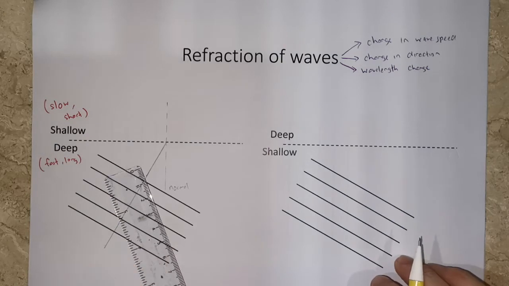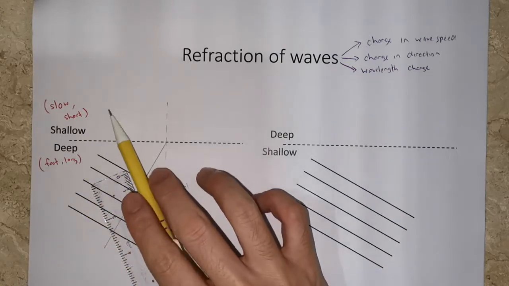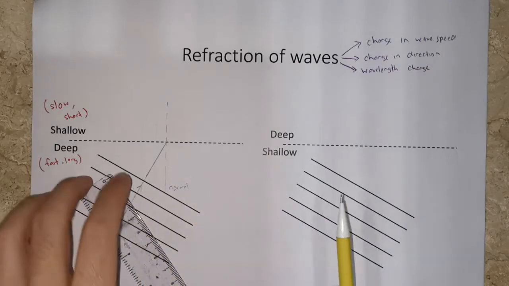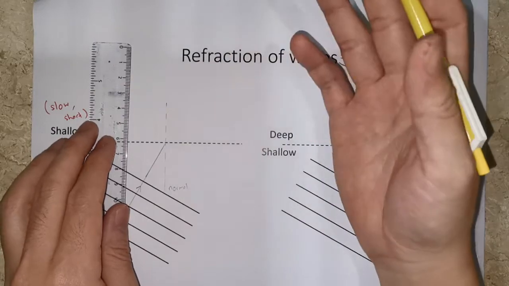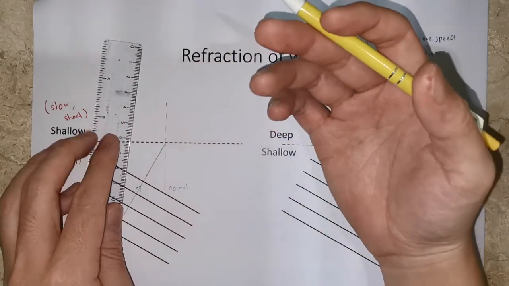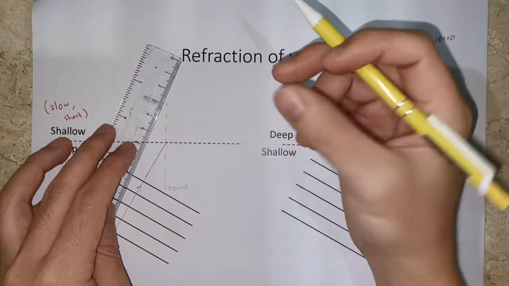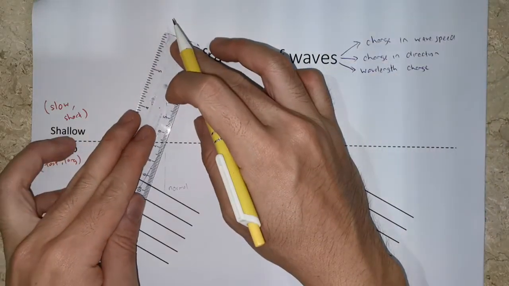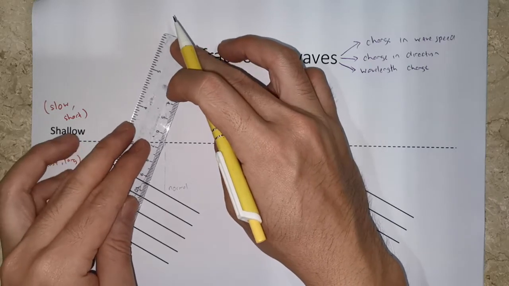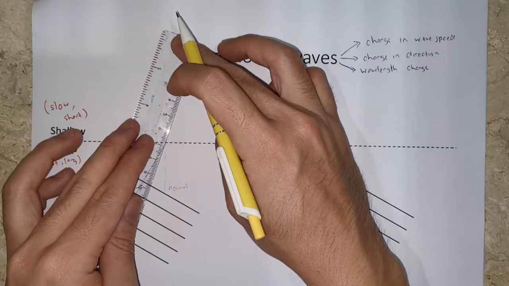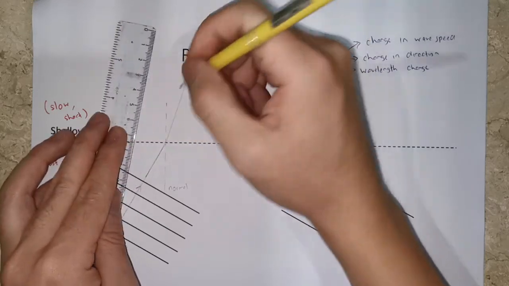Now, moving from fast to slow, it will bend, a change in direction, towards the normal. How far towards the normal, it's not really important to get the values or angles exact, but what is crucial is for you to show that it does bend towards the normal. So in this case, I'll draw a line in this direction.